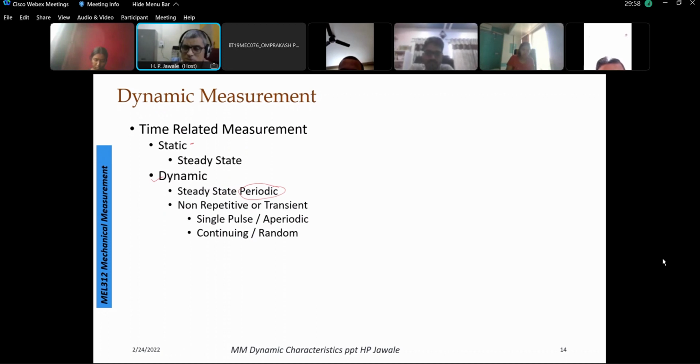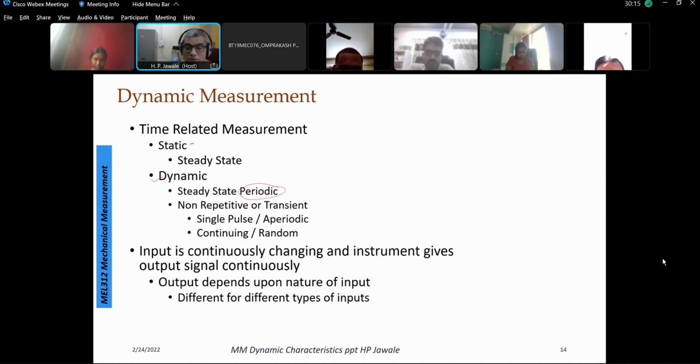So steady state periodic signals will be given, or they can be non-repetitive or transient signals, which are basically single pulse or aperiodic type, or continuing or random type of signals. So the input is continuously changing, and the instrument gives the output signal continuously. As the input applied changes continuously, the output also changes.